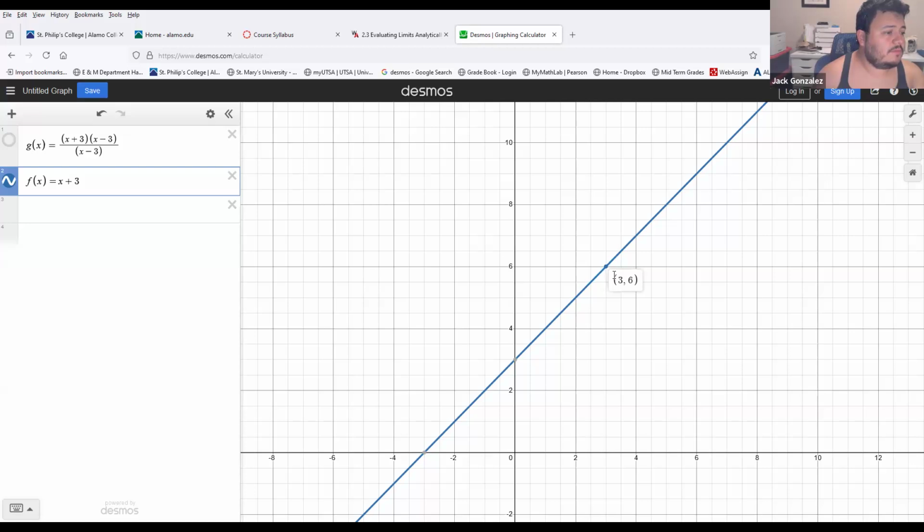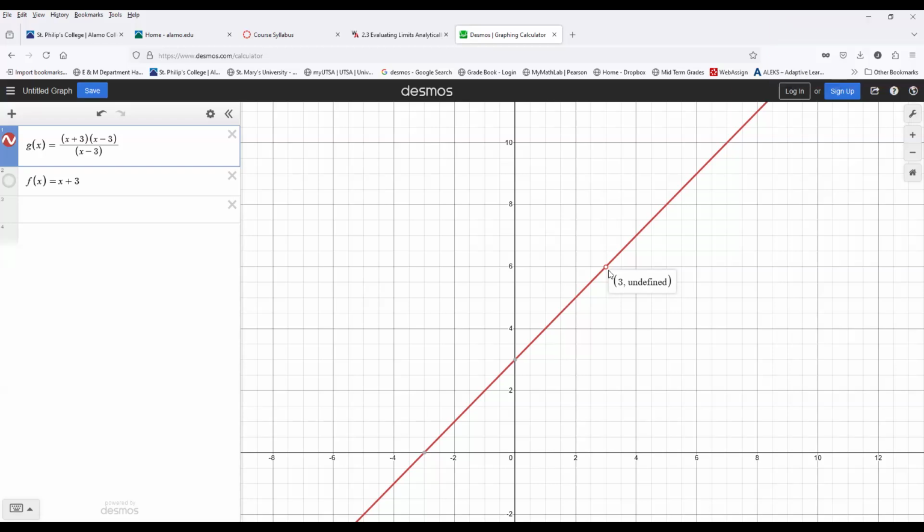For the blue f function. Now, the g function is technically the same, but not really. As we approach 3, we end up undefined. There's a hole there. So g has a hole, f does not. So we cannot plug in 3. But the limit exists. Is g of x equal or not equal to f of x? They are not the same.